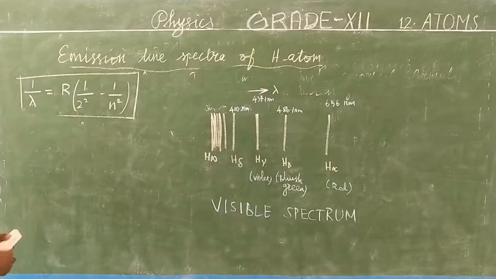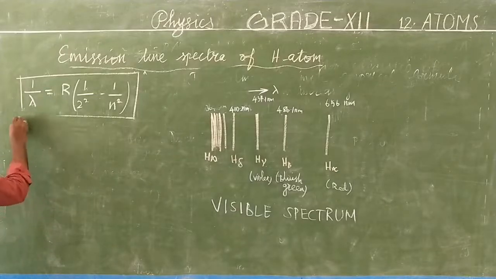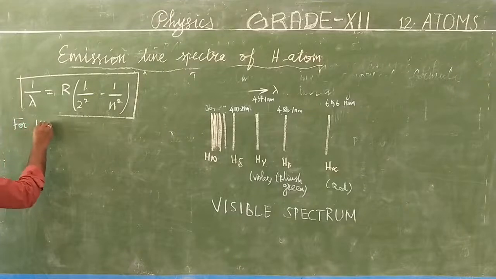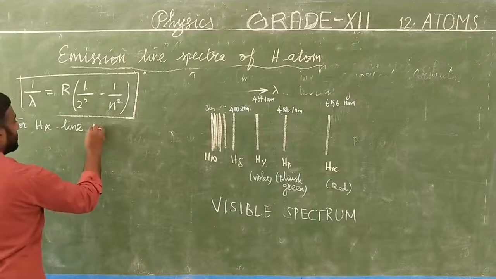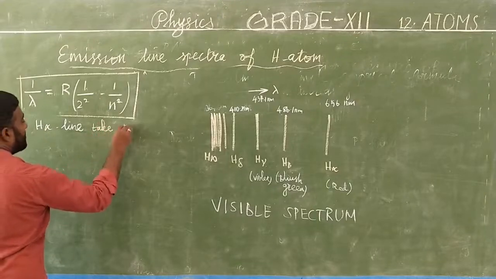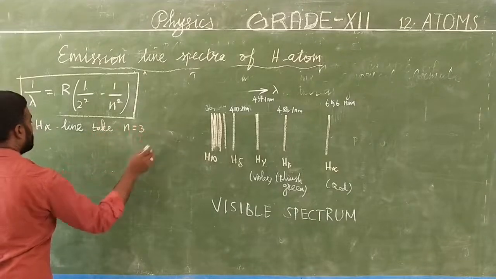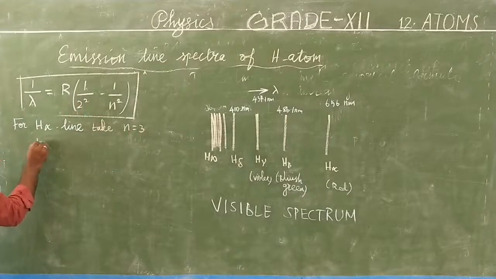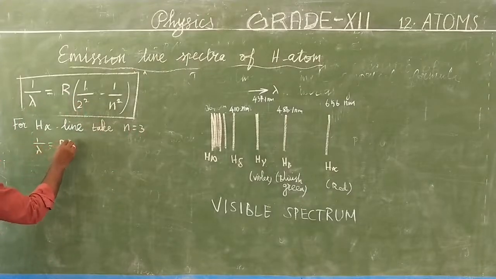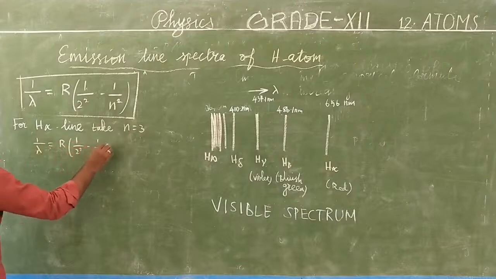Listen, first is the H alpha line, no? So for the H alpha line, we have to take n is equal to 3. Then substitute in the formula. 1 by lambda is equal to R into 1 by 2 square minus 1 by 3 square.